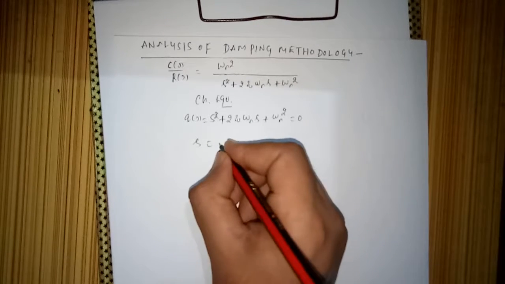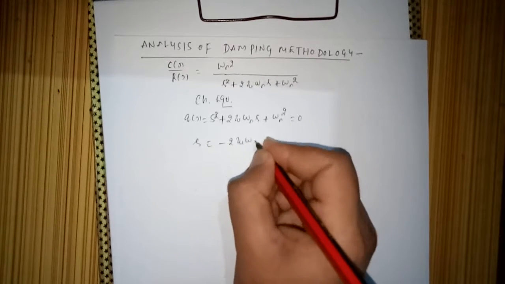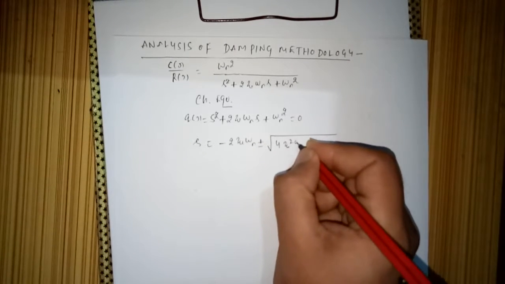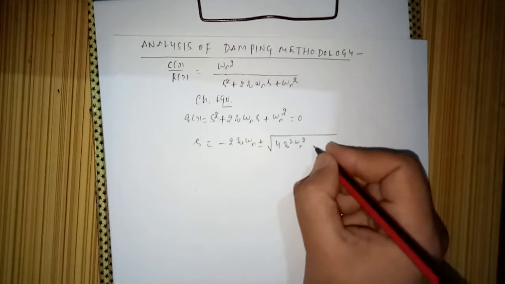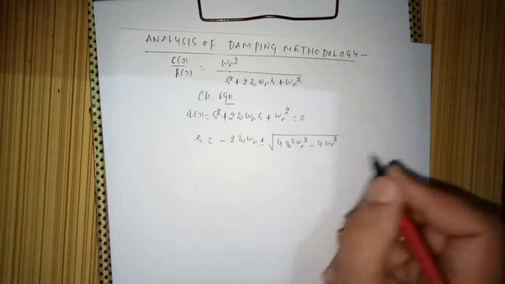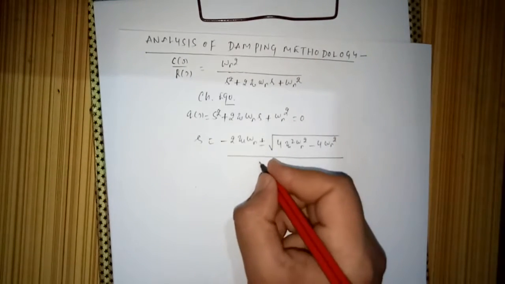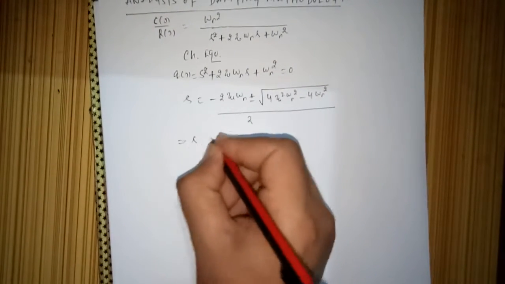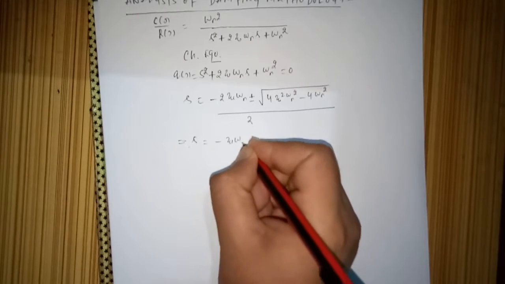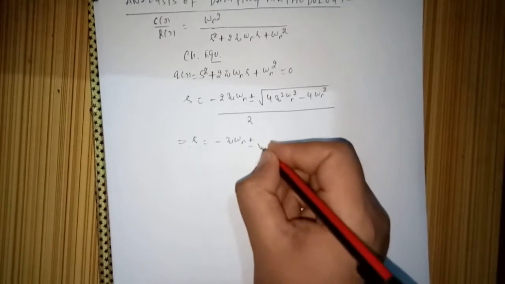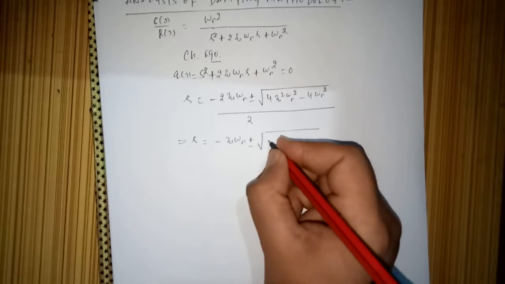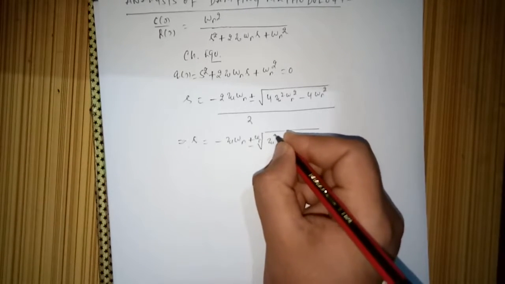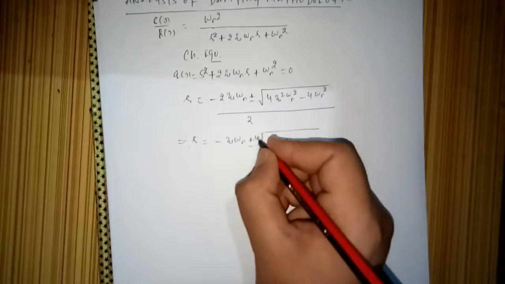I can write minus 2 zeta omega n plus minus root of 4 zeta square omega n square minus 4 omega n square, divided by 2, right? And after solving I get s is equal to minus zeta omega n plus minus, taking out omega n, root of zeta square minus 1.